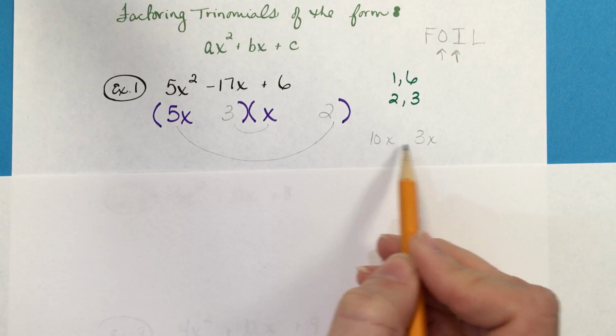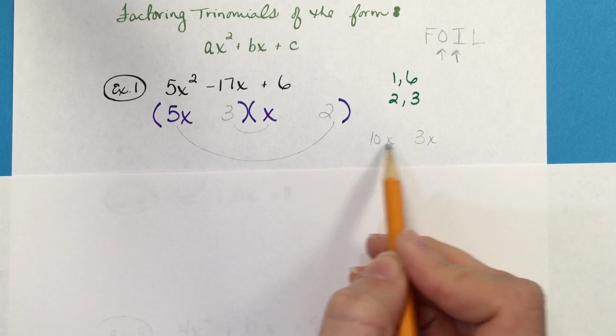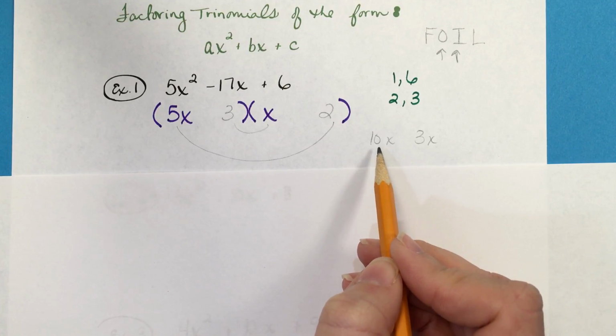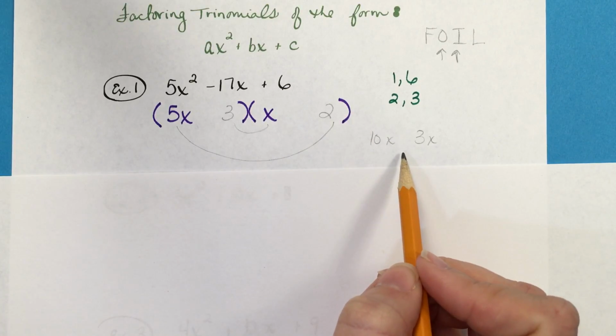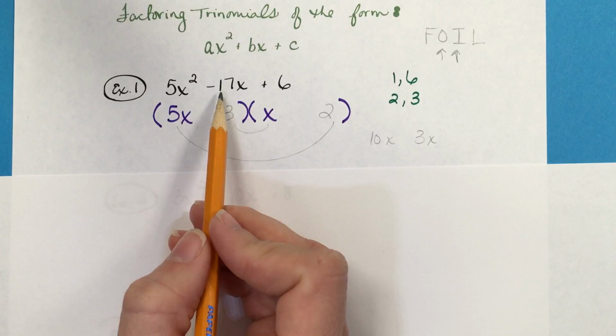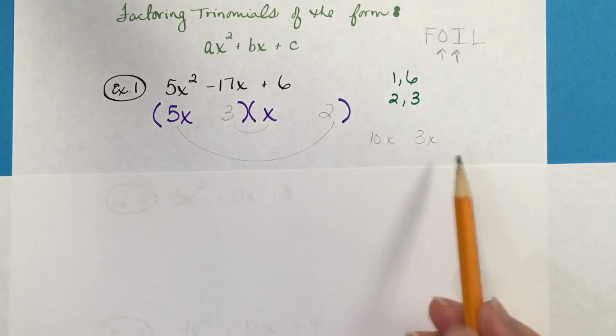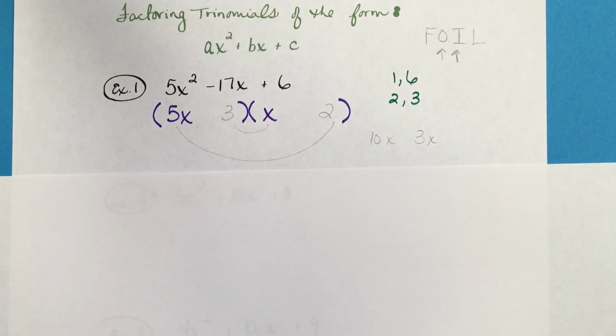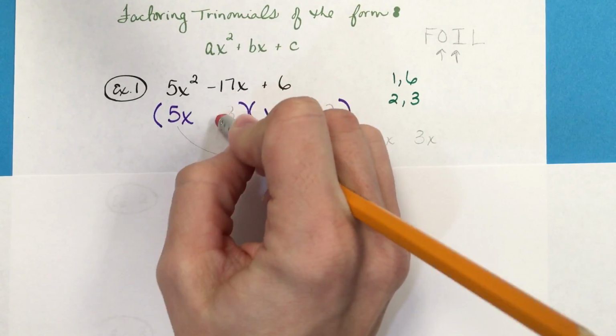Now, again, you can make things negative if you need to, but there is no way to take a 10 and a 3 by adding, even if you make something negative, and come up with a negative 17. Okay, so this is what you're going to have to do just to see if you've got the right combination. Now what I'm going to do is switch the 2 and the 3.